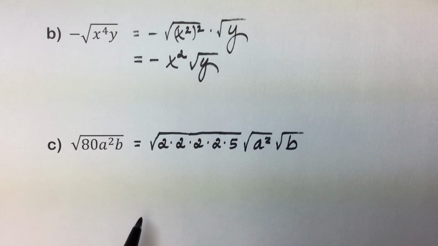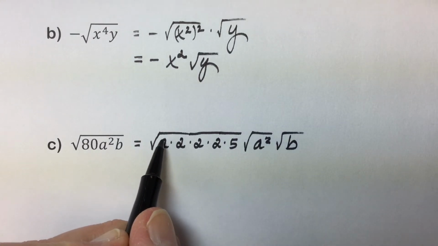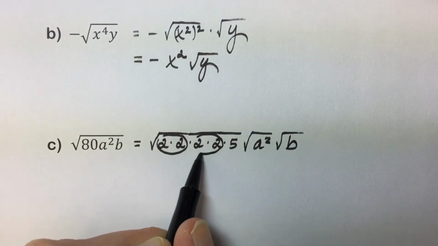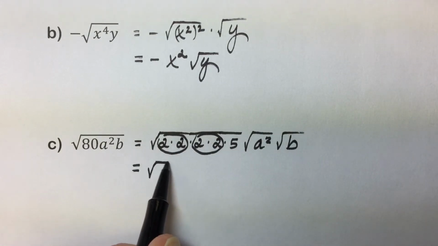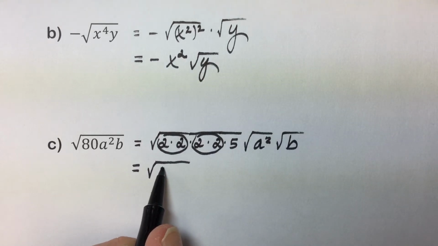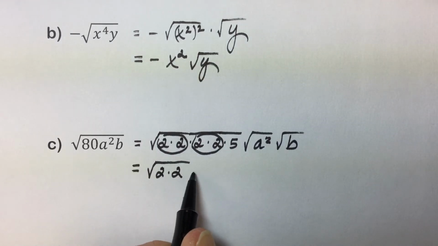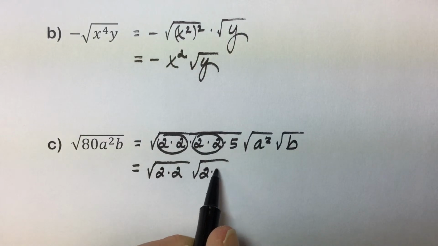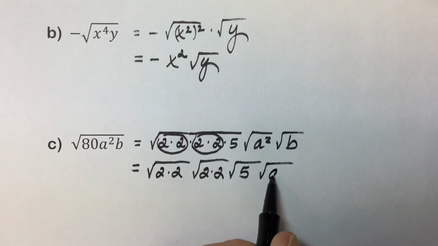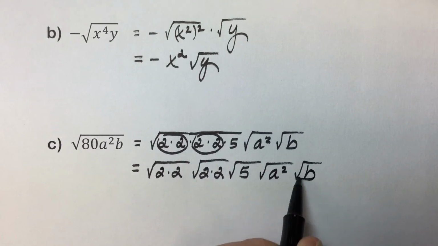In a square root, we're looking for a number times itself. Here we have a pair of 2's and another pair of 2's. We could rewrite these again applying the product rule as the square root of 2 times 2 times the square root of 2 times 2 times the square root of 5, and of course our variables, and simplify from there.